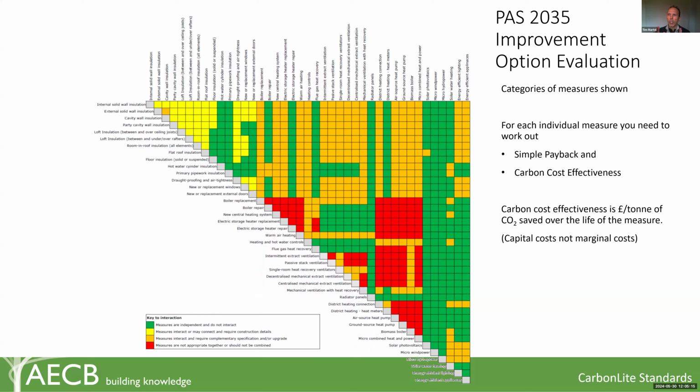Even though it does show you what doesn't work well together, it doesn't really collect things together into a direction of what could work really well together. It's a little bit more open and flexible than that, so it's for the retrofit coordinator to decide a package. But that's what the AECB standard does. It puts together a package, an ideal collection of things that work really well together.